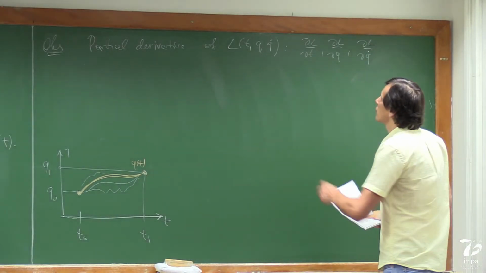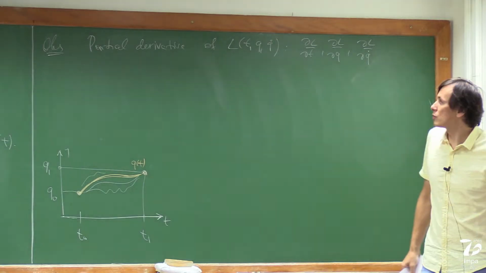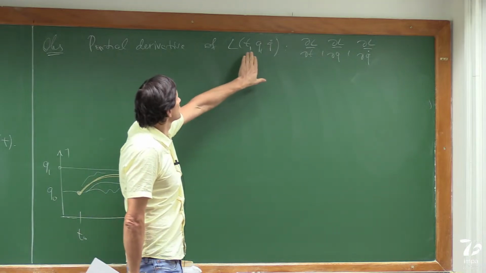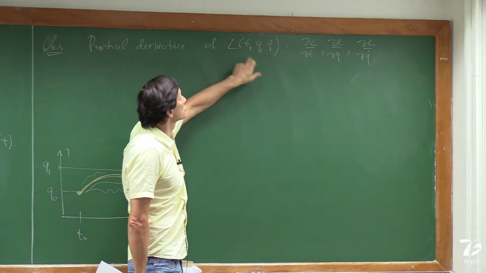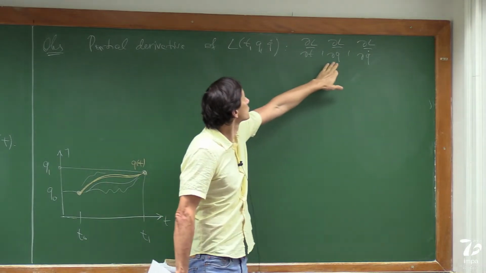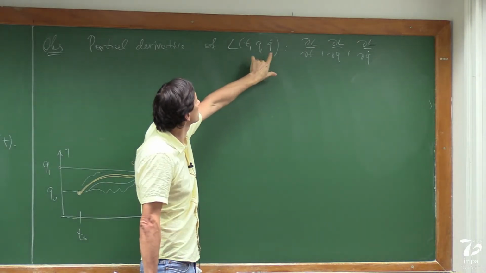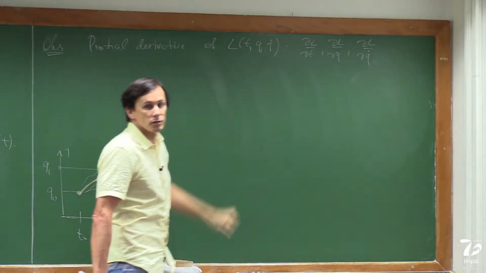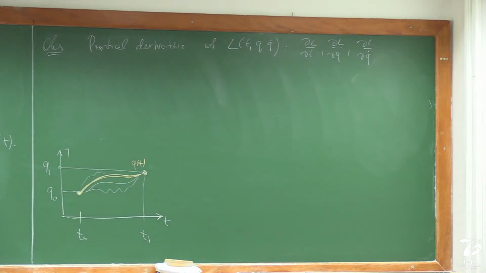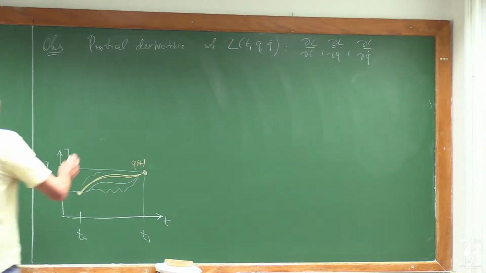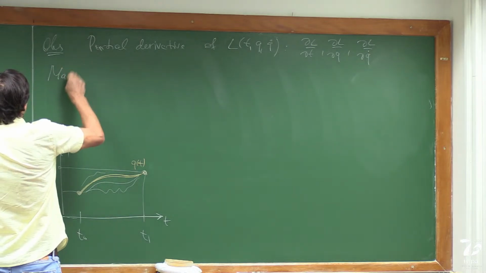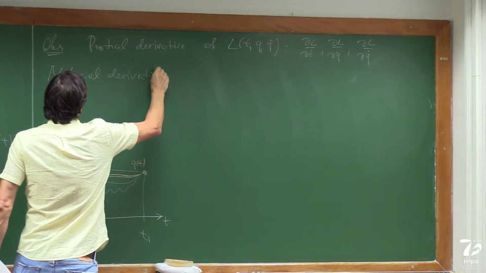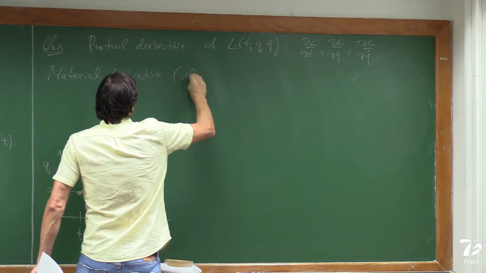It's a derivative with respect to each coordinate. This is what's called the partial derivative. It means that you consider this function with q and q dot fixed and take the derivative with respect to t, or here you consider the function with t and q dot fixed and differentiate with respect to the second, and here we differentiate with respect to the third. This is the standard definition of the partial derivative, and we also have what's usually called the material derivative, or the derivative along the trajectory.